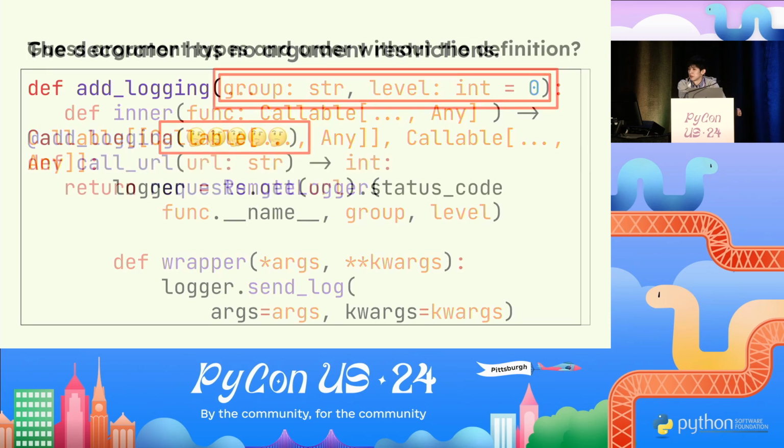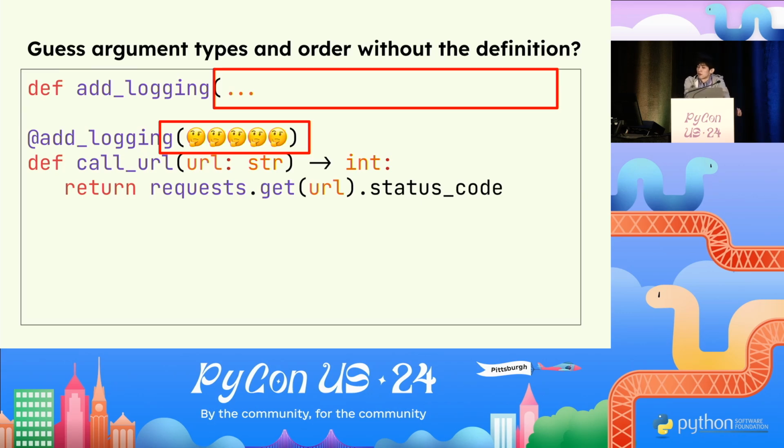Imagine that we can't remember all the arguments for the libraries and decorators. A decorator sometimes has many arguments, 10 or 12, that we couldn't understand.